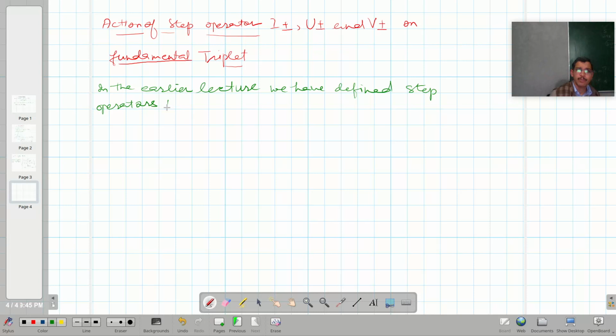And what are the step operators? This is the I plus minus, or it is the V plus minus and U plus minus. So these are the step operators about which I talked about.